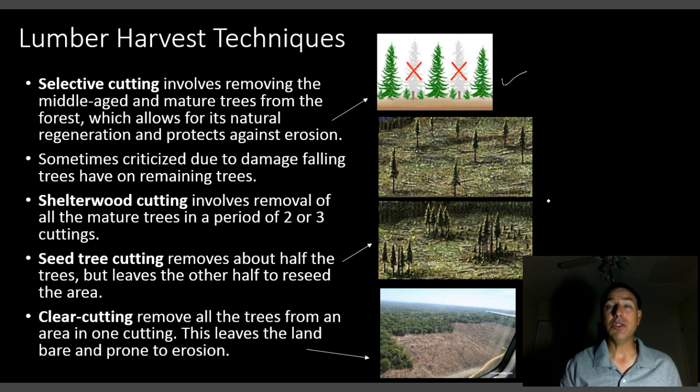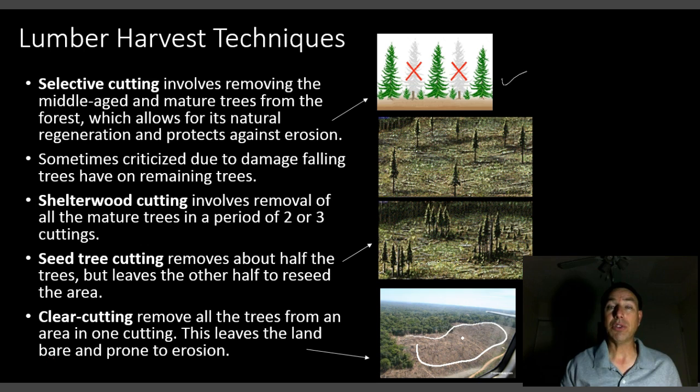Unfortunately, the technique that is used most often is what we call clear cutting. Clear cutting removes all of the trees. And if you see here, in this photograph there's an area where all the trees have been removed and there's nothing left. Most forestry operations will go back in and replant this area once again with the same species of trees. But the problem is that a lot of times in clear cutting, this replanting doesn't happen right away.